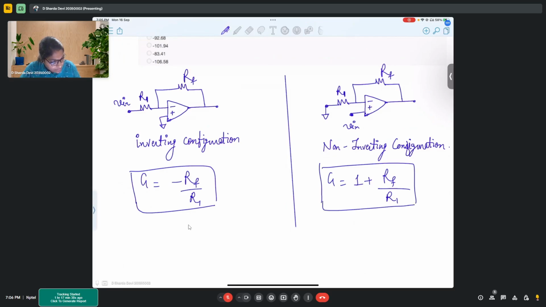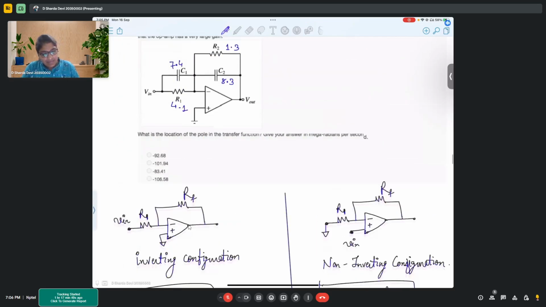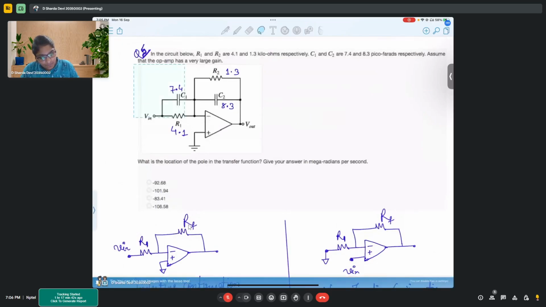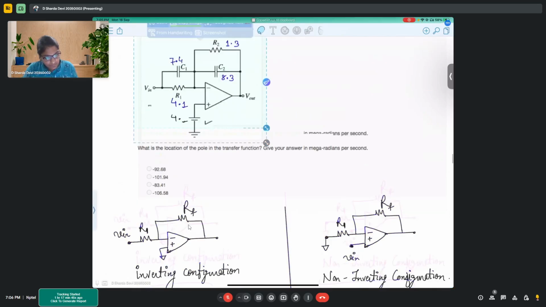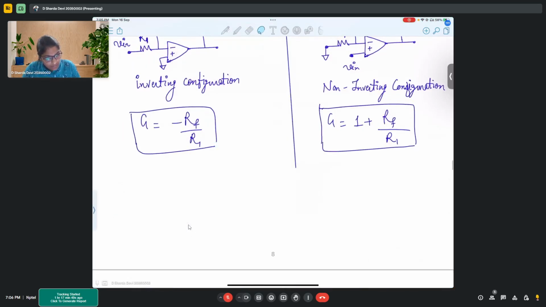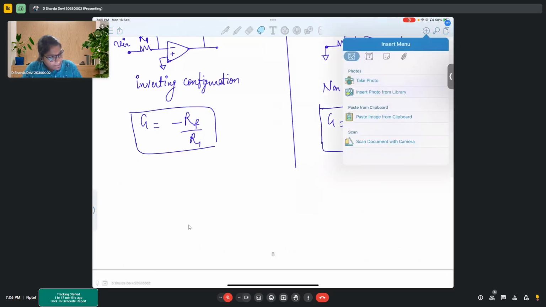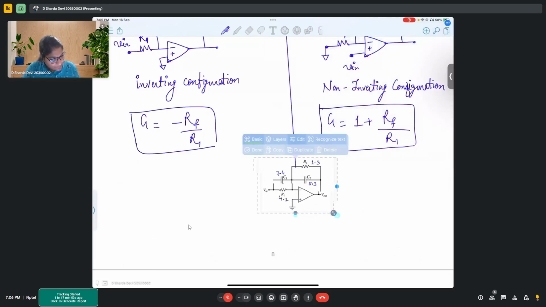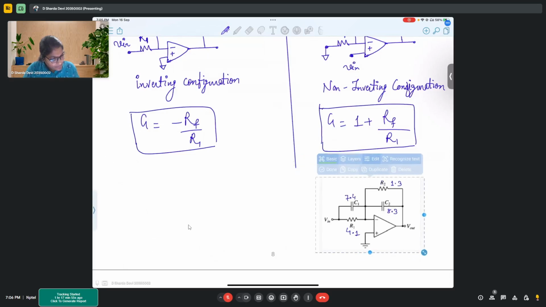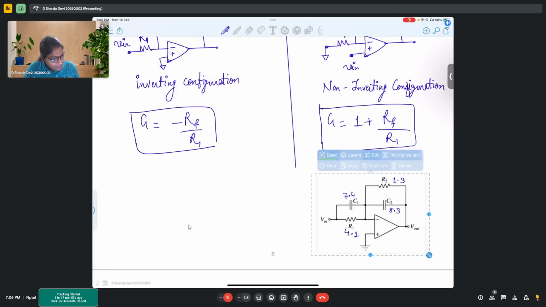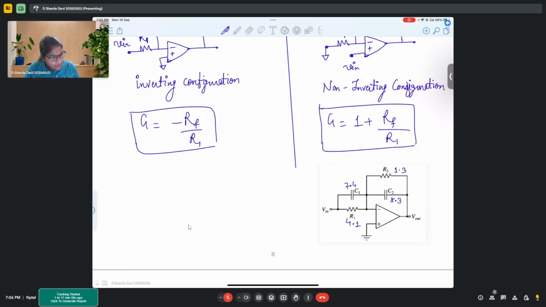Now, by looking at this particular circuit which is already given to us, what type of configuration is this? Is it inverting or non-inverting? Inverting, right?